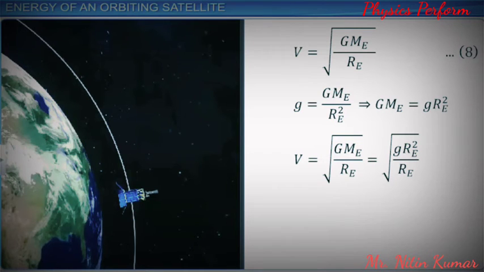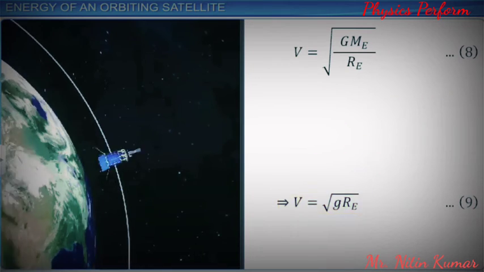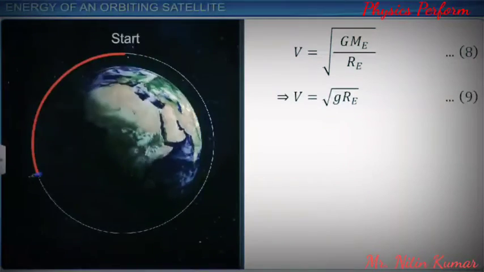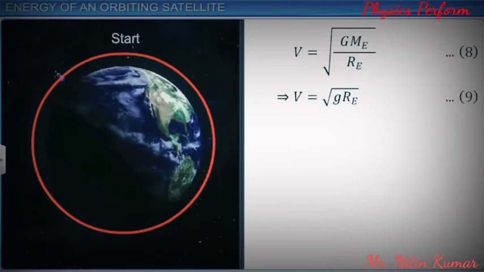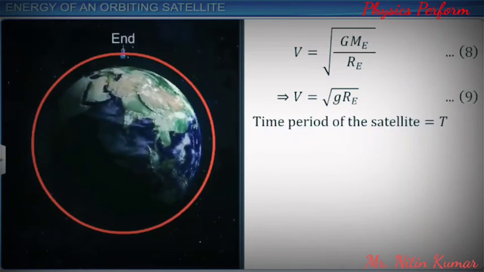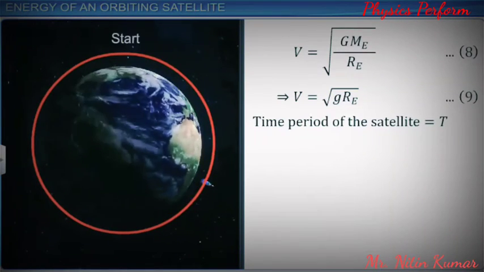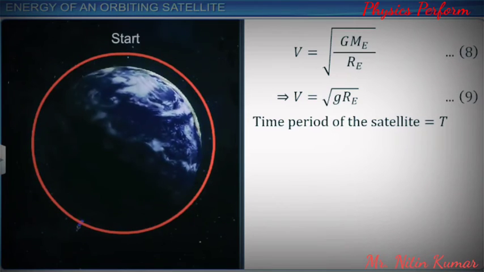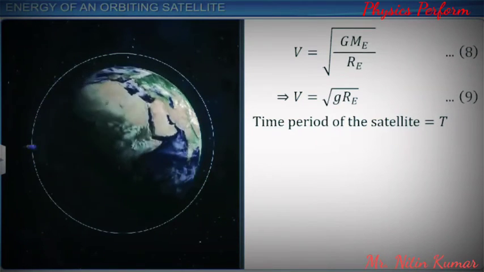The speed of the orbiting satellite can also be obtained using the relation between the time taken by the orbiting satellite in its orbit, T, also known as the period of the satellite, and the length of the orbit. As the orbit is circular, the length of the orbit is the circumference of the circle, 2 pi Re.